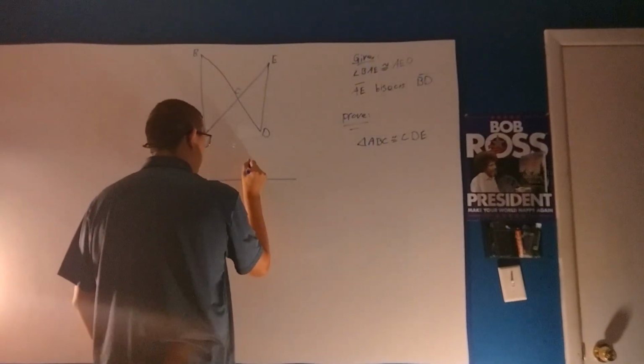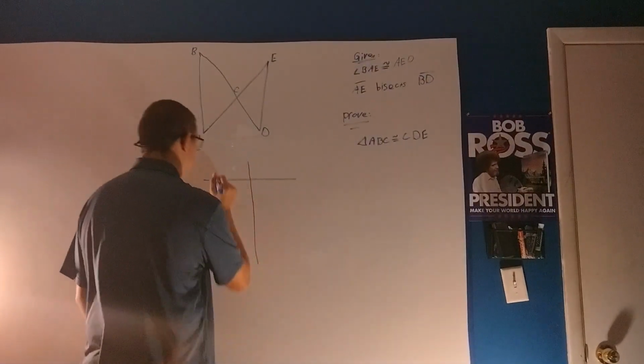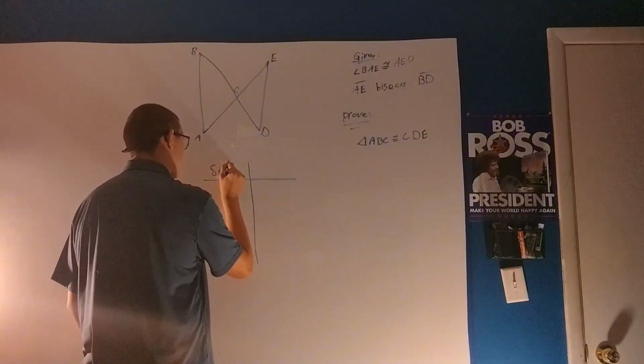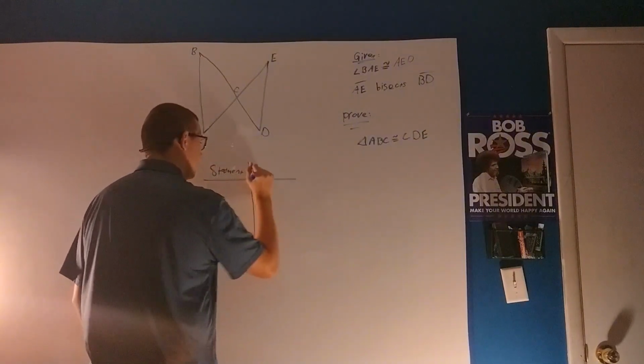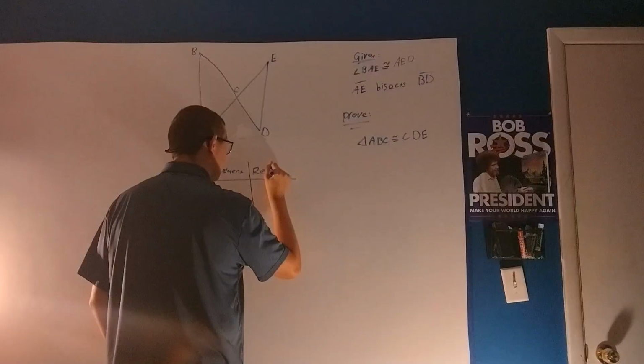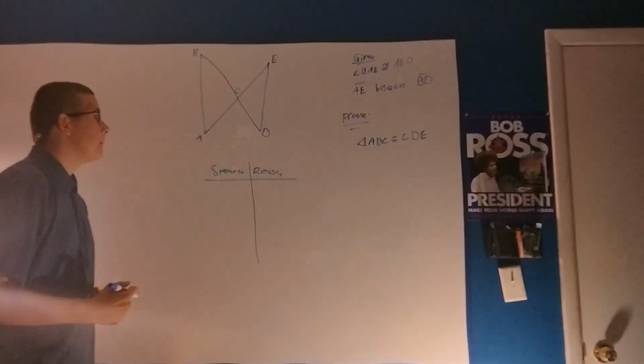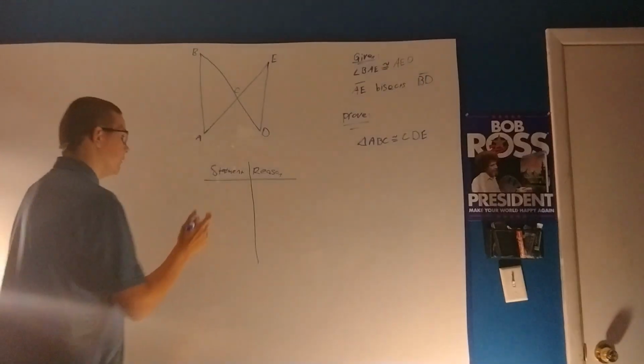Okay. I'm going to write our table out here with statement and reason, like that. And again, we're going to start with our givens.